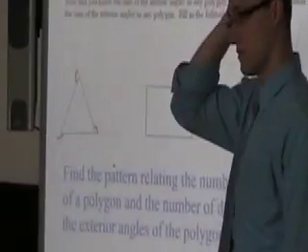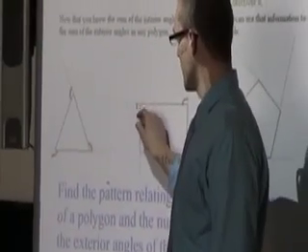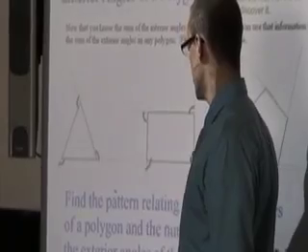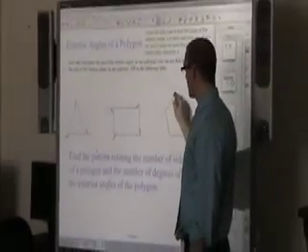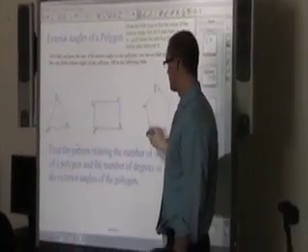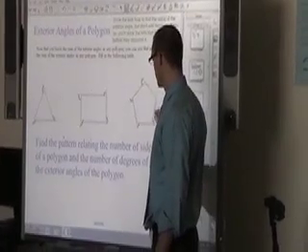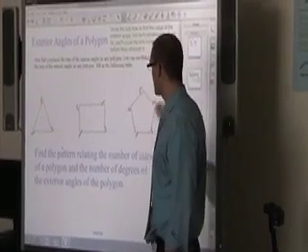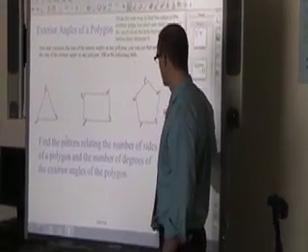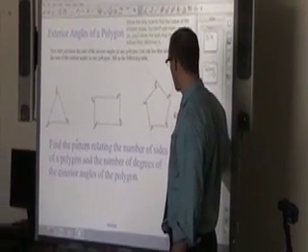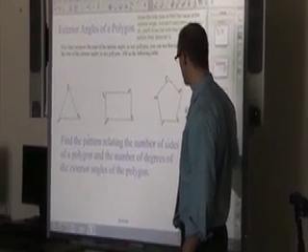The exterior angle of this rectangle is that angle, that angle, that angle, that angle. So they're found by extending the side with like a ruler and comparing it. Okay, so these are your exterior angles. Exterior like a house.